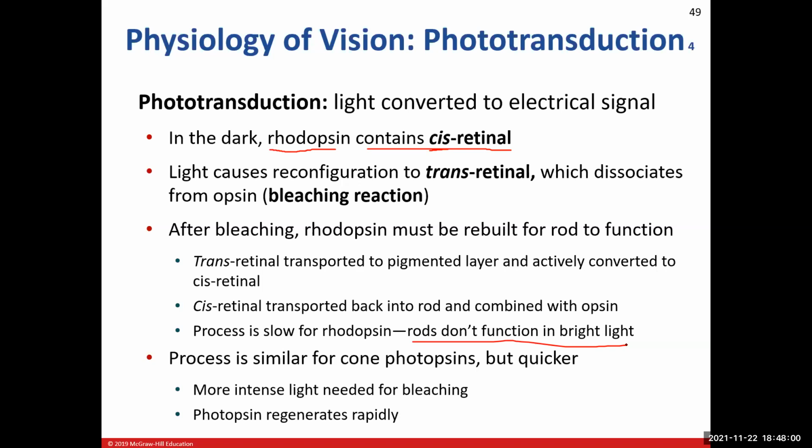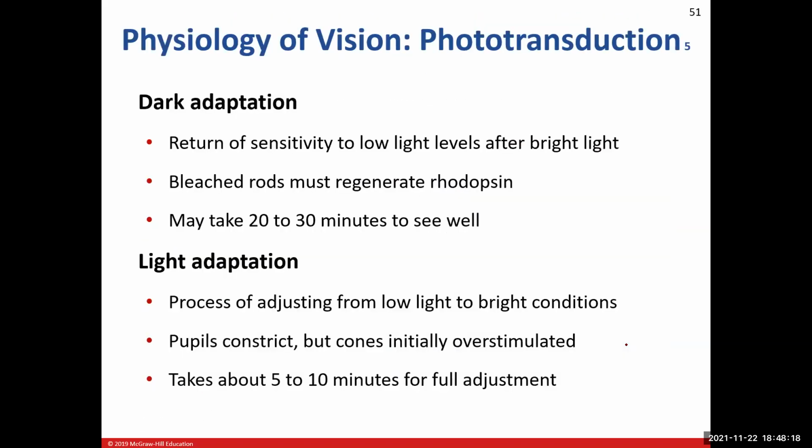And that's because we need to regenerate the rhodopsin photopigment. And so it takes roughly about 20 to 30 minutes for our photopigment to regenerate. So that's what brings me into dark adaptation and light adaptation.